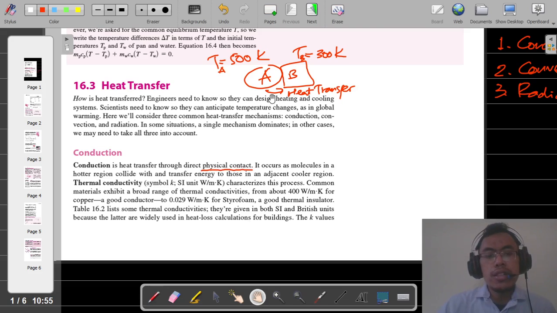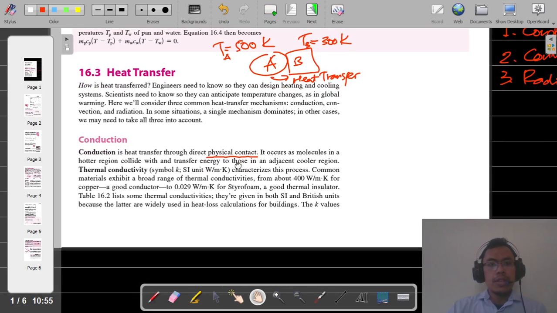The example I mentioned before is a kind of conduction, because there is contact between object A and object B. They are in direct contact. If A and B are not in direct contact, it will not be called conduction.